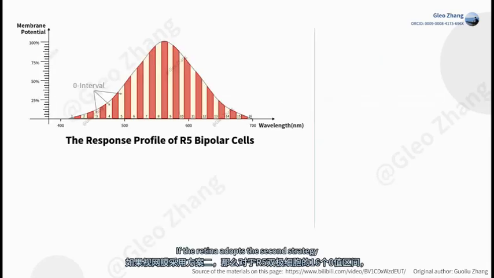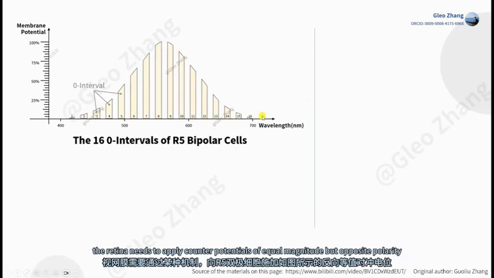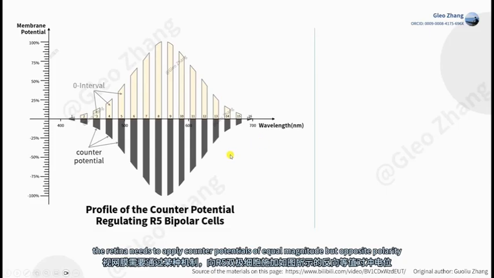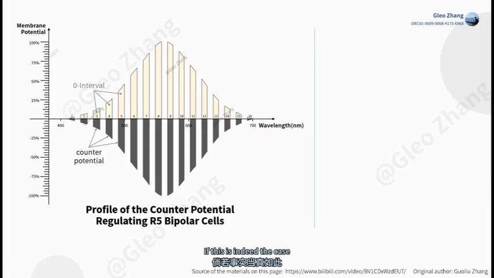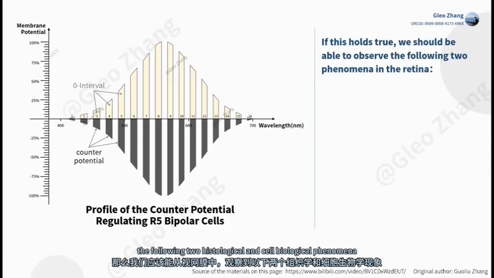If the retina adopts the second strategy, then for the 16 zero intervals of R5 bipolar cells, the retina needs to apply counterpotentials of equal magnitude but opposite polarity, as demonstrated here, to R5 bipolar cells through some mechanism. If this is indeed the case, we should be able to observe the following two histological and cell biological phenomena in the retina.